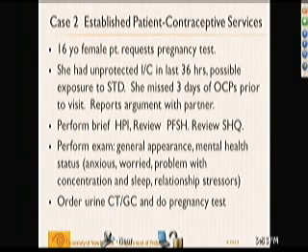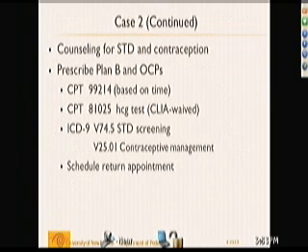The main thing on this patient is that it wasn't just a simple pregnancy test. Other things came up regarding the relationship with the partner, and during the exam, a lot of symptomatology came up as well. So it was more than just prescribing Plan B and contraceptives.